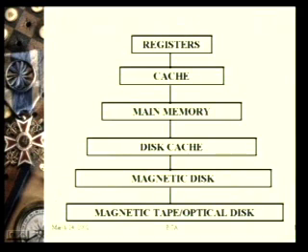What is the hierarchy? Registers are fastest, within the CPU, but are small in number. Cache is bigger, maybe in the range of 256 to 512 KB. Main memory is even bigger, in the vicinity of many MBs, 128 MB, 256 MB, a factor of 10.